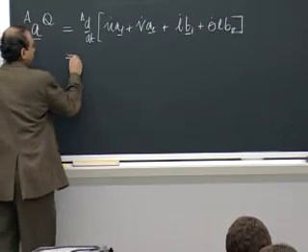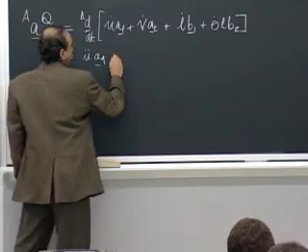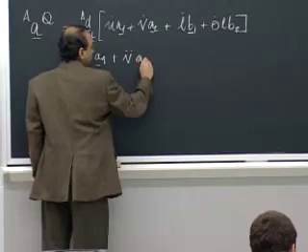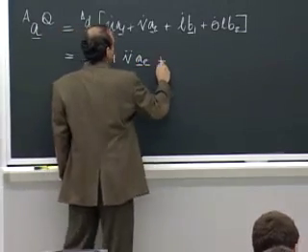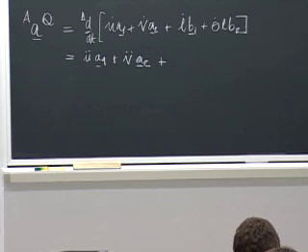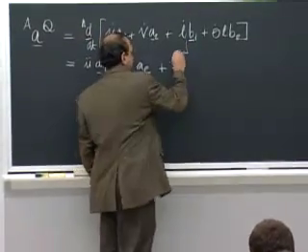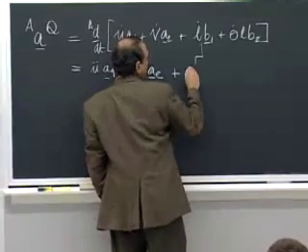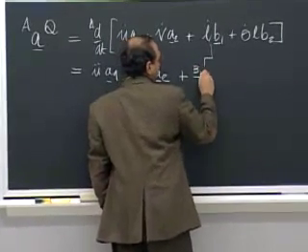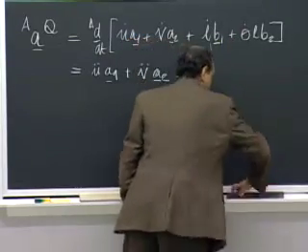The first two terms are easy. It's going to be u double dot A1 plus v double dot A2 plus, what do we do now? Magic formula, right? The way it'll come out, this is going to break down into two terms.